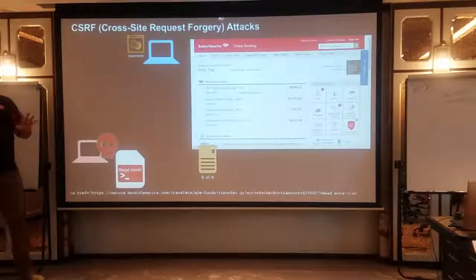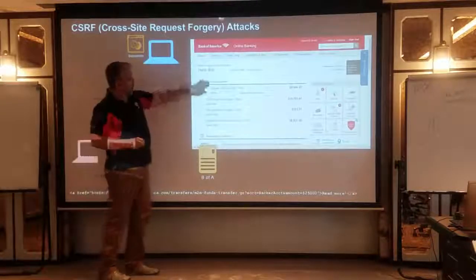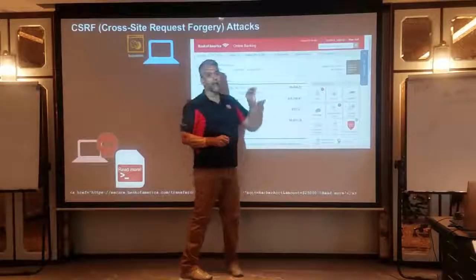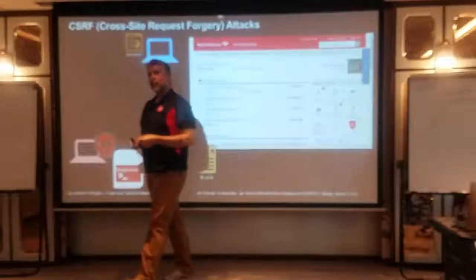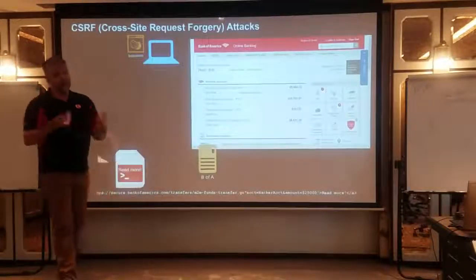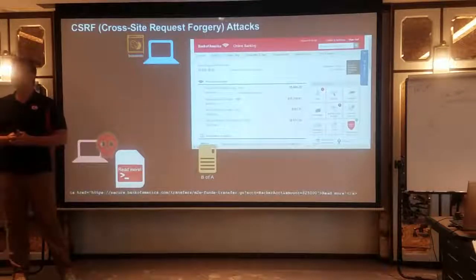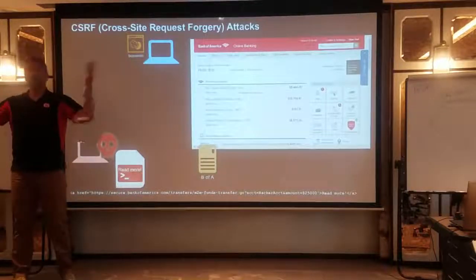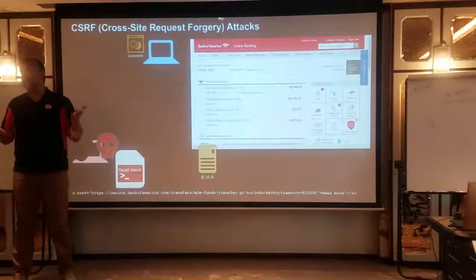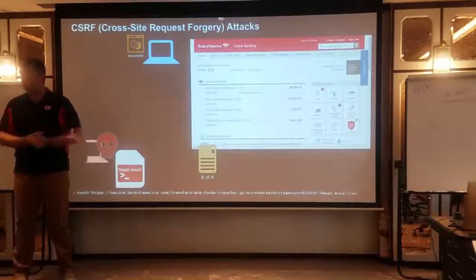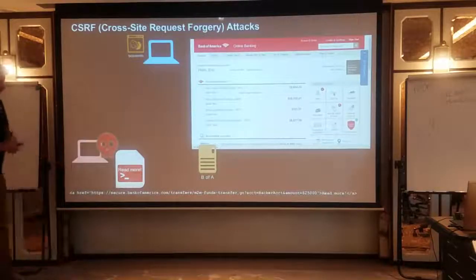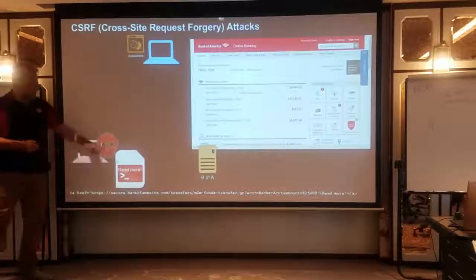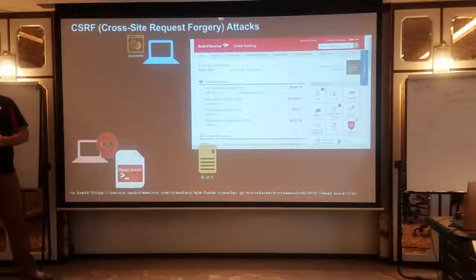Because what happens is the malicious users, the hackers, create some sort of clickable link, just like all of these. These are all links. Every single thing on here I can click on, and that'll activate a link. So they'll set up something maybe in an email, maybe on social media, anywhere where a link can exist. And in this link, you'll see they're going to the bankofamerica.com transfers page.